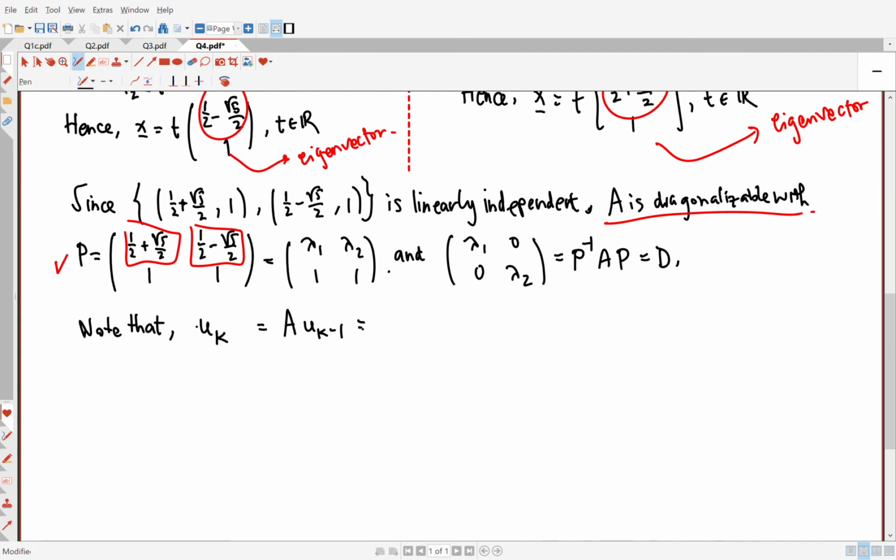Okay, and we can write this in terms of A to the power of k u_0, right?